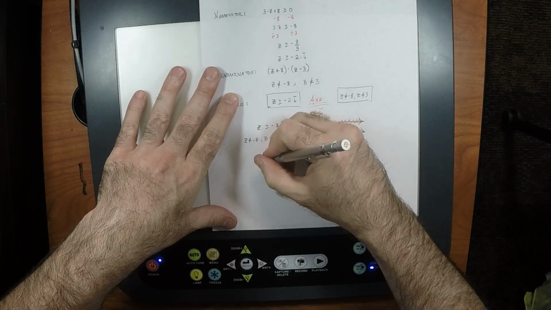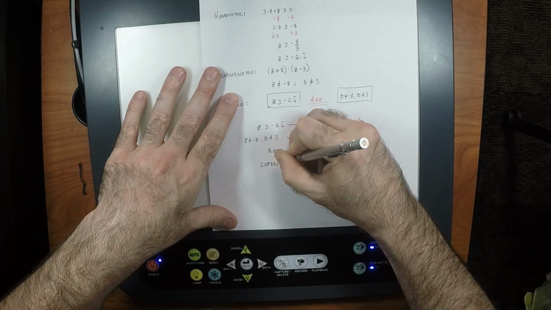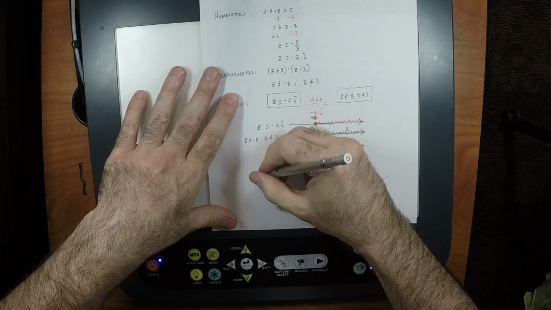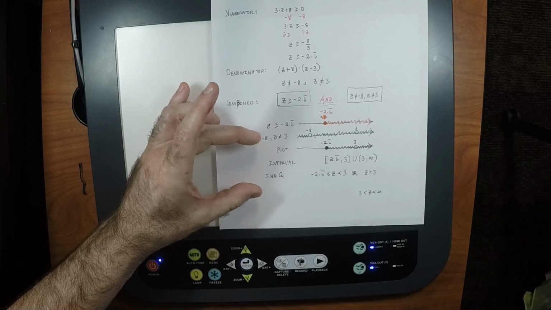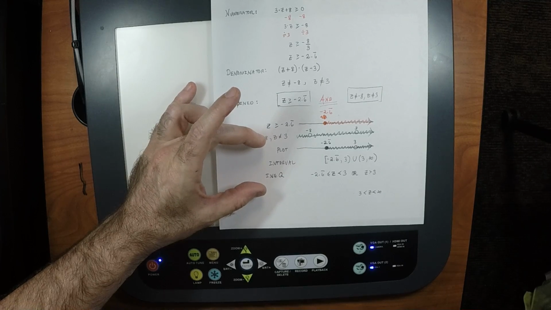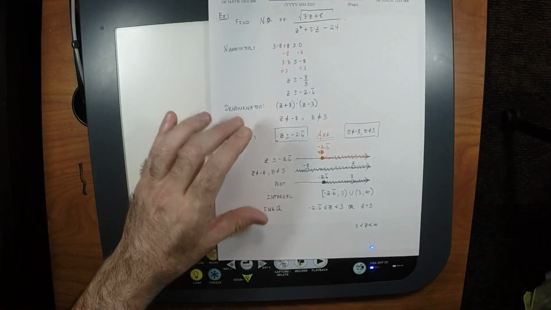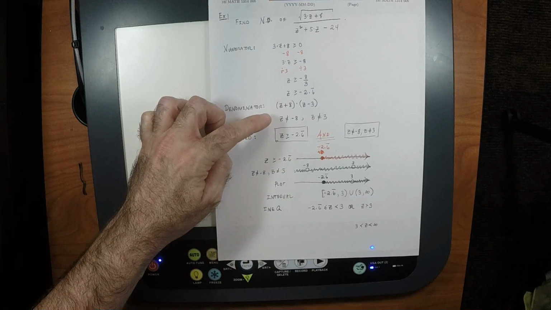This one right here is the interval notation answer, and this one is the inequality answer. And notably, concerning those three, there's no negative 8, right? Yet, negative 8 figured into the middle of the response.